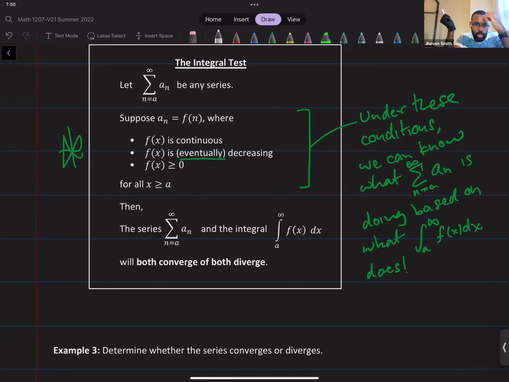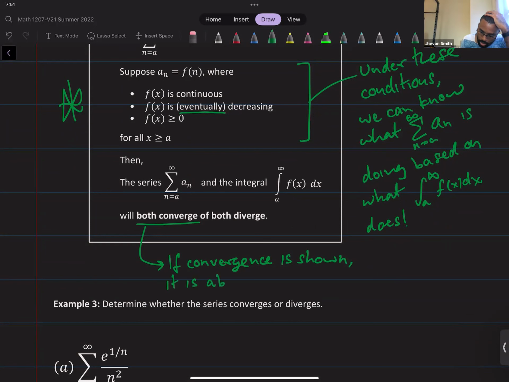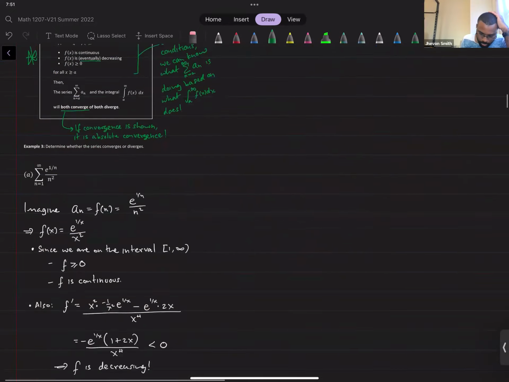So the integral test is also one of those tests that gives you absolute convergence. So I probably should mention that. If convergence is shown, it is absolute convergence.